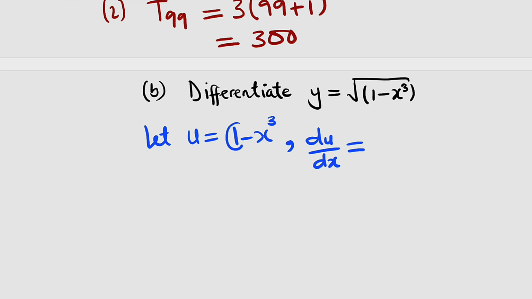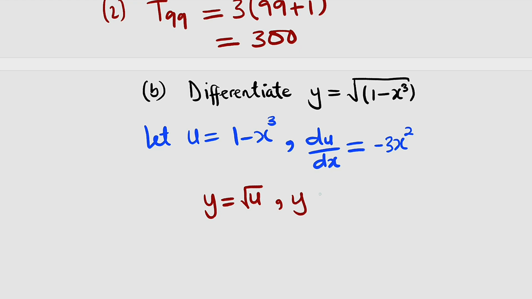This is equal to the derivative of 1, which is constant, is 0, and the derivative of negative x to the power of 3. The 3 will multiply, we have negative 3x to the power of 3 minus 1, which is 2. Therefore, y becomes equal to the square root of u because we have let the argument be equal to u.